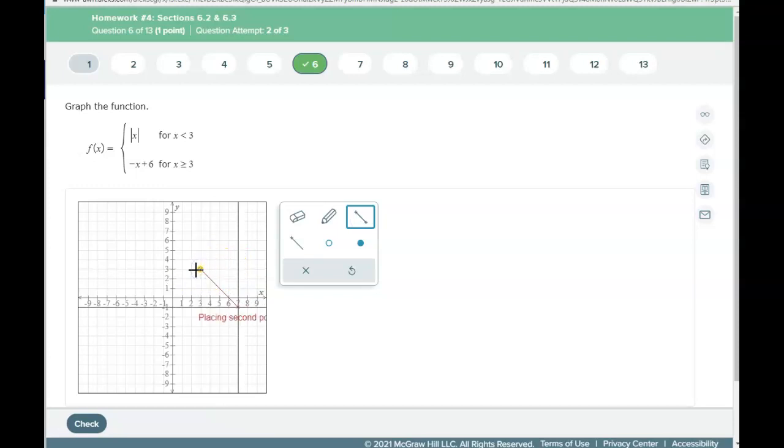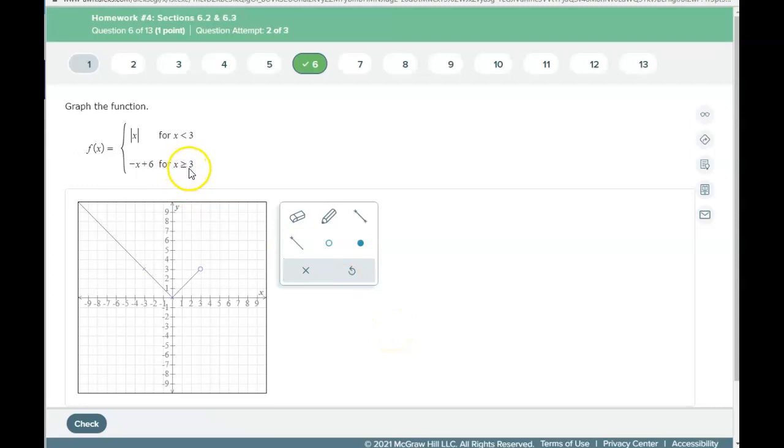I'm going to start here, and remember this is the absolute value, so I want to end here. This is an absolute value that has not shifted, so it's going to look just like this. I could have put my point at negative 1, 1, negative 2, 2, any of those.